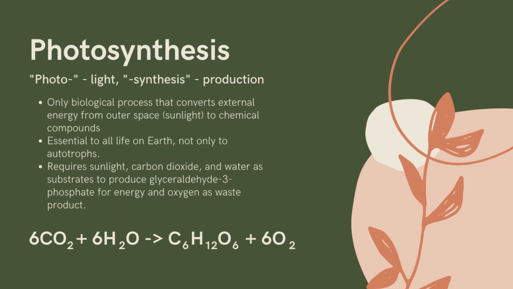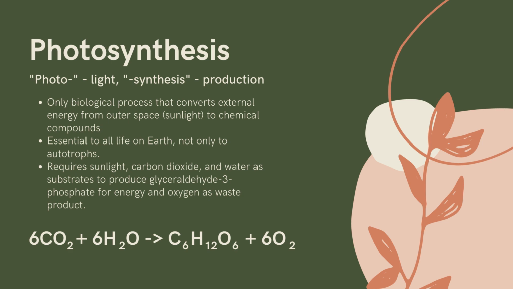So now we will move on to the metabolic pathways that we have. First, we will talk about photosynthesis. When we break down this term, we have two parts: photo and synthesis. Photo means light, synthesis meaning production.